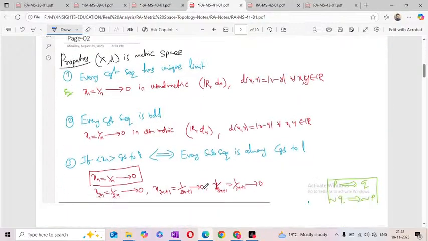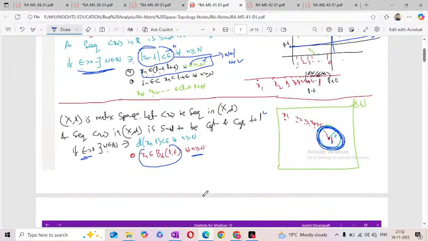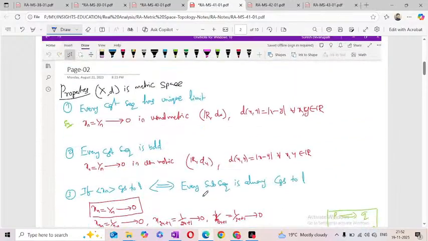Okay, now we will see the properties of convergent sequences in a metric space. So same as in real analysis. The first one, because I am always taking the usual metric, the usual metric will give the conclusion. Suppose there is a sequence 1 by n.